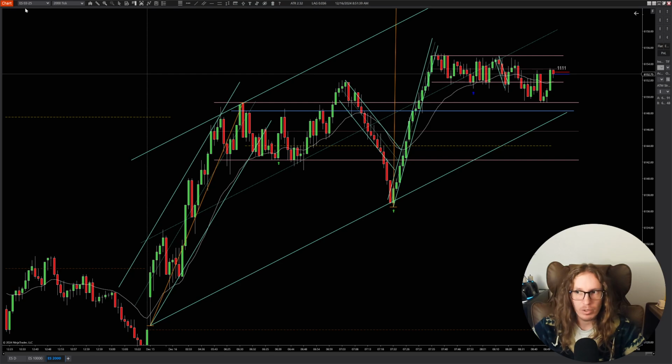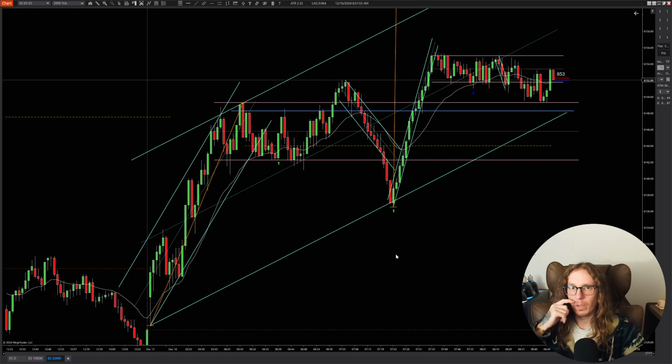You can see up here in the top of my screen that it says 0325 because this is the March contract, but some people are still trading the December contract on the futures, and the March one becomes available earlier, but it has low volume. So on the rollover days, there's usually kind of this 1 to 2 day period where some people are still trading the December contract, some are trading the March, and it sort of splits the volume. If you add that to the fact that we're right near the holidays, the volume's just very low.